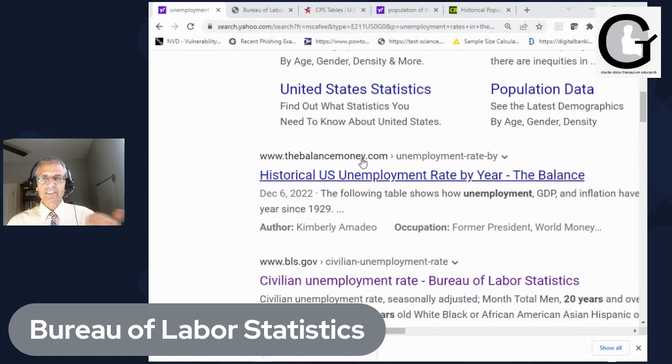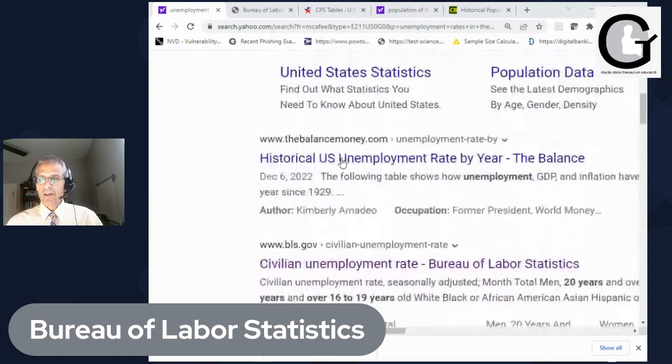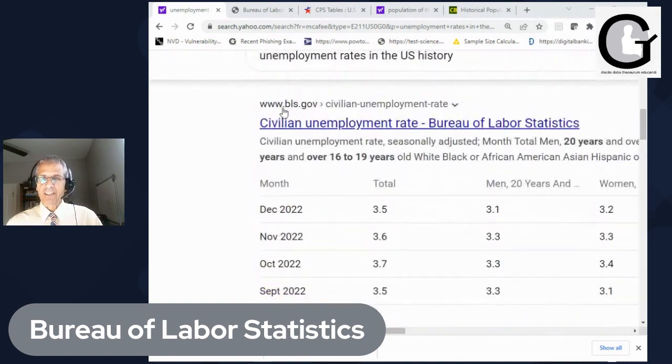Then there's USAFacts.org, U.S. unemployment trends, view historical data, all these different things. The chances are that they probably got the data from the government website to begin with. So I always go back to the government website, bls.gov. This is your Bureau of Labor Statistics, bls.gov.